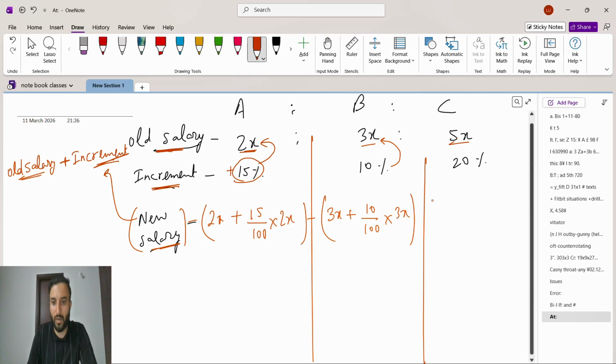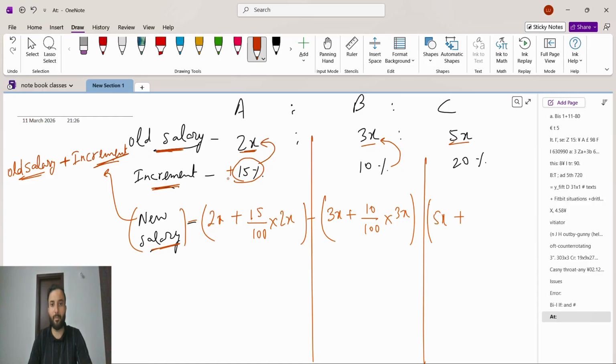New salary means old salary, 5x, plus increment. Increment means 20% of the old salary, and 20% means 20 by 100.